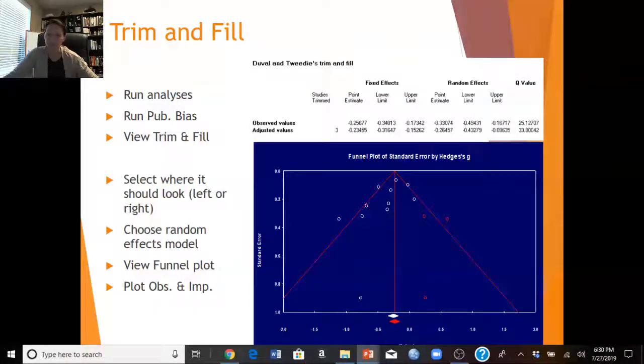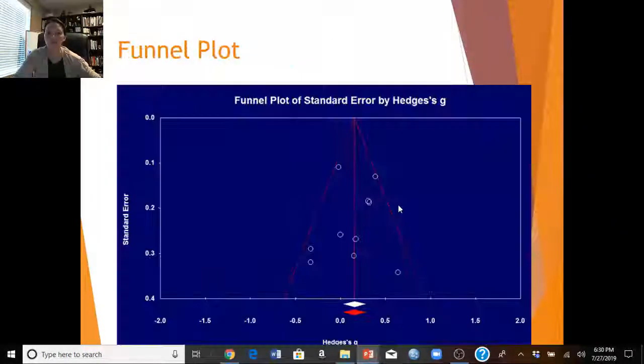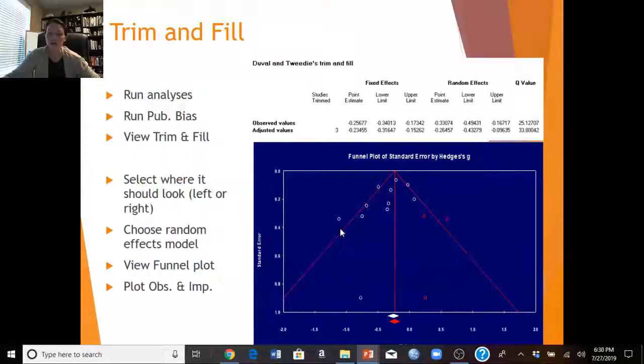And so what we see here is we've actually told the computer to plot the observed and imputed values. On the last funnel plot that we saw a couple slides back, we don't have any imputed values. We only have the observed ones, okay? But you'll notice on here we have imputed values in red.